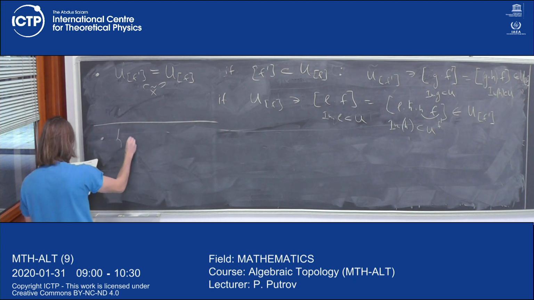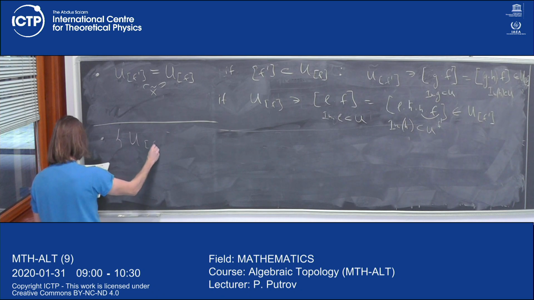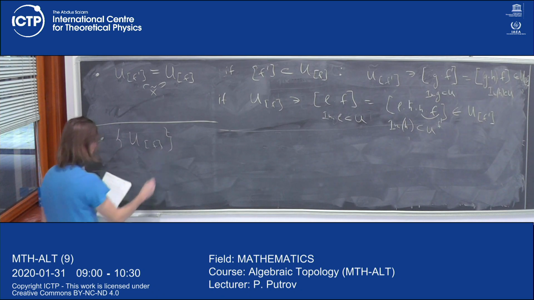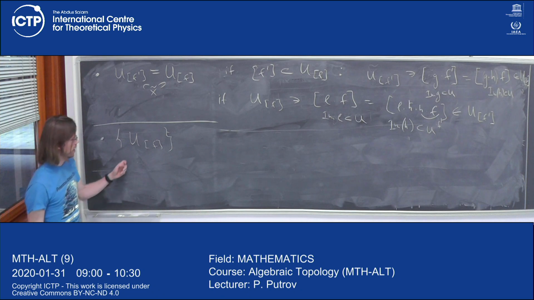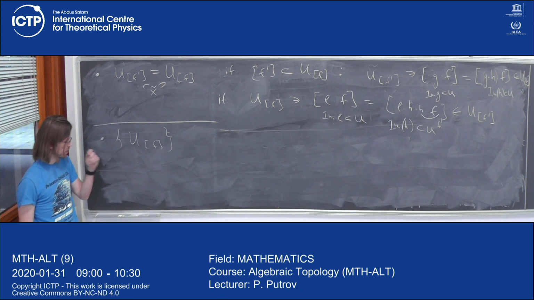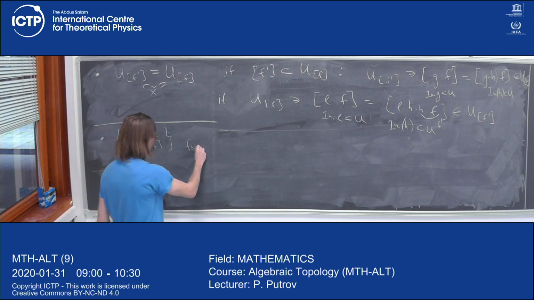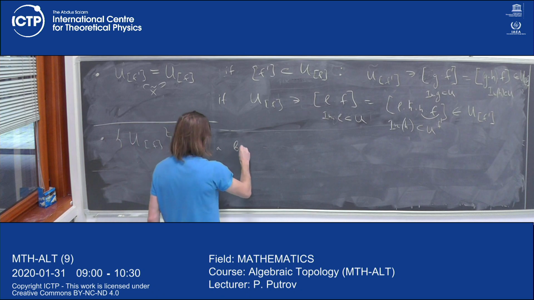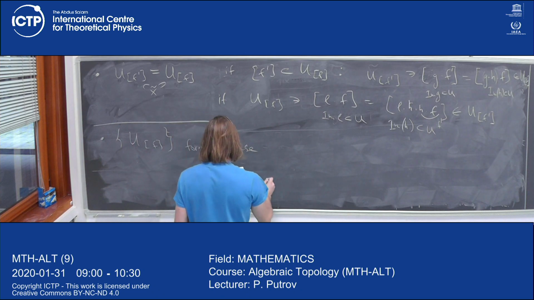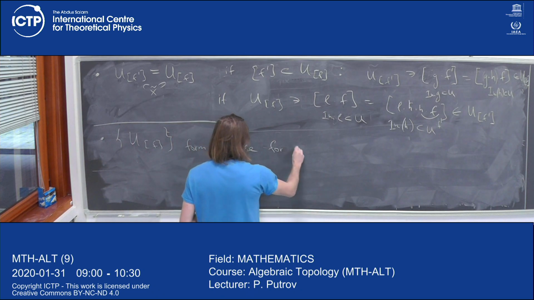Now we actually want to show, so we did some preparation, now we want to show that the collection of all open sets like this, so again they're paired by labels U and F in the class of F, form a base for topology.